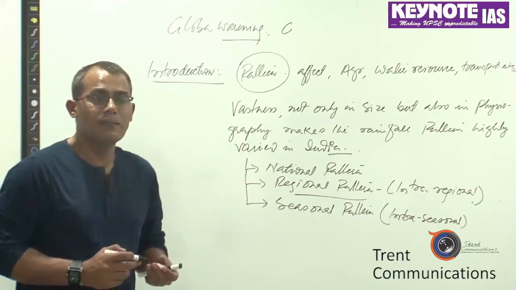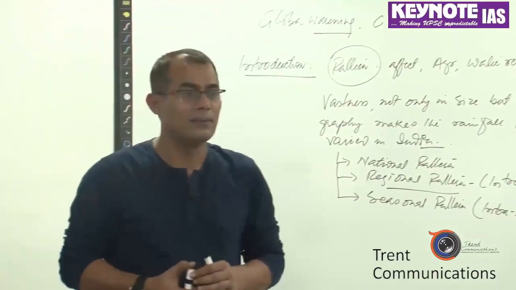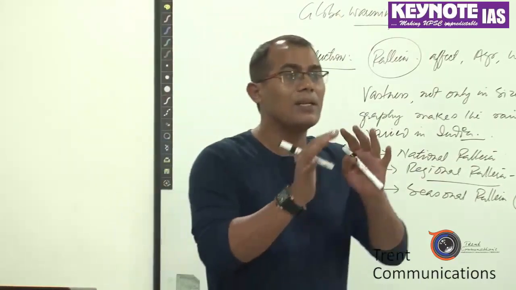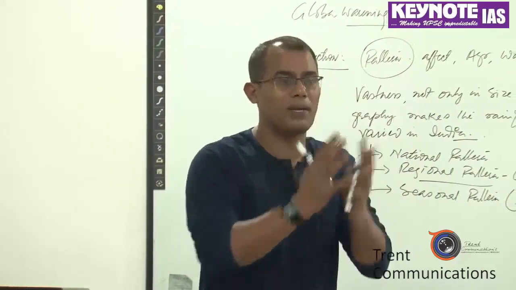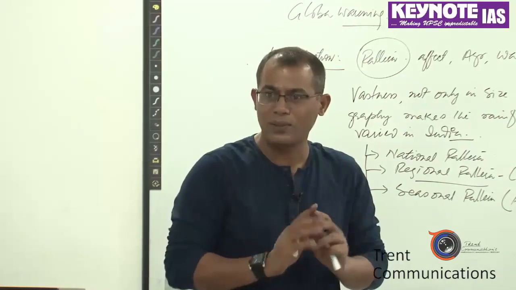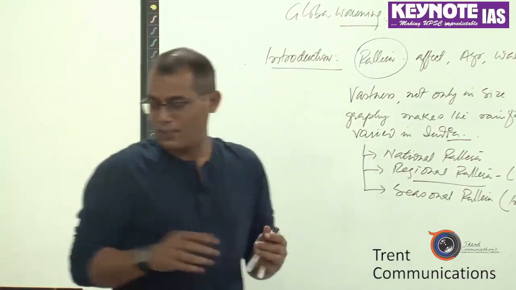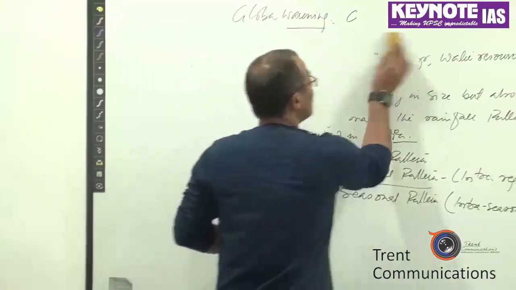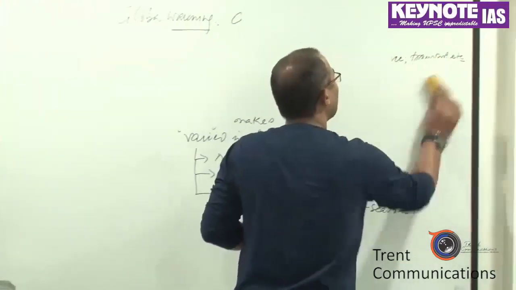What is national pattern of rainfall? That is seasonal. National means the whole nation receives over a period of time. So average rainfall you will talk about. You will begin with national pattern, average rainfall with huge variation, highly erratic.